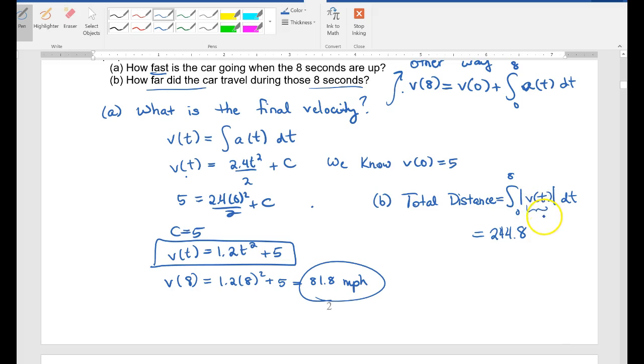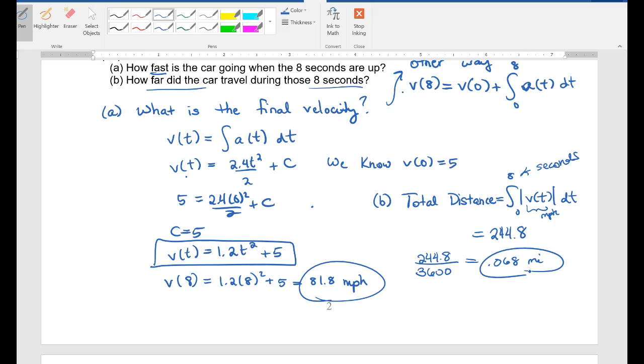So remember, this was miles per hour, and the units were in seconds. So what we have to do is divide by 3,600, because that's how many seconds are in an hour. So we get 0.068 miles. You can also change that into feet by multiplying by 5,280.